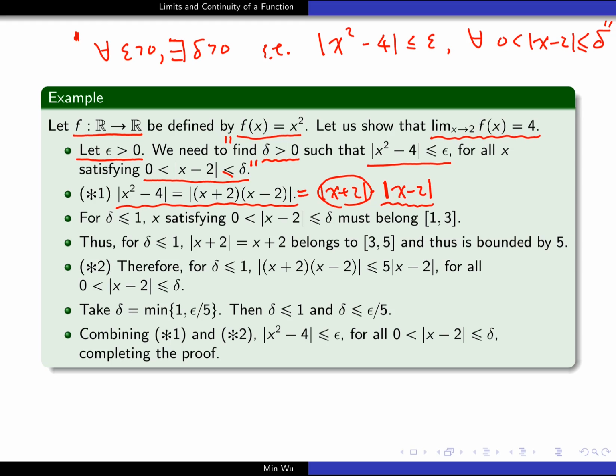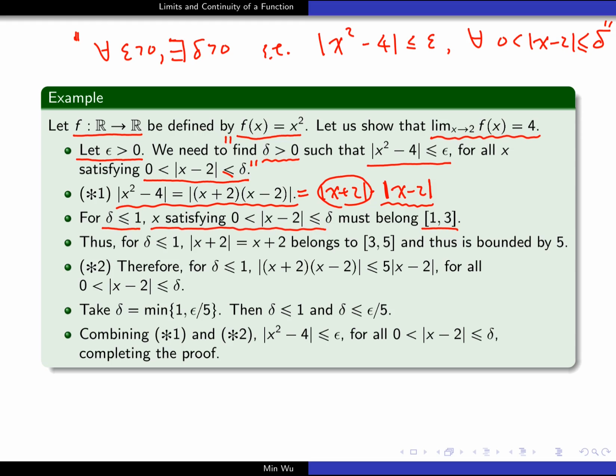And notice that if we simply set delta less than or equal to 1, then the x that satisfy this condition must belong to the closed interval [1, 3]. The reason is very simple.